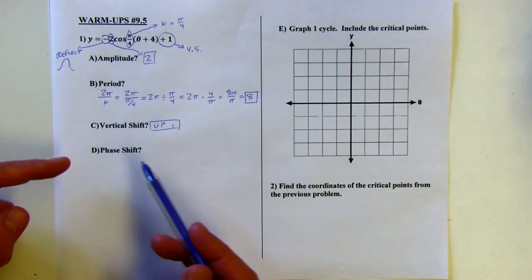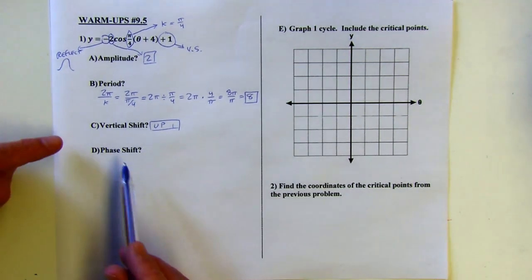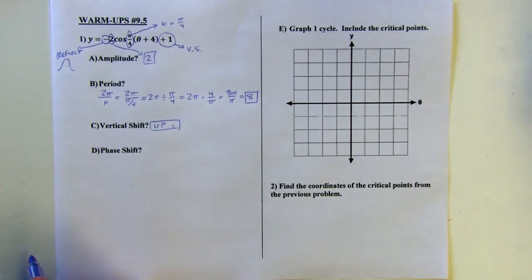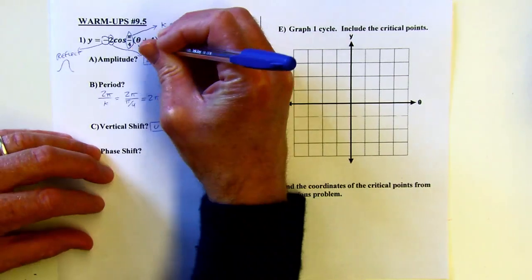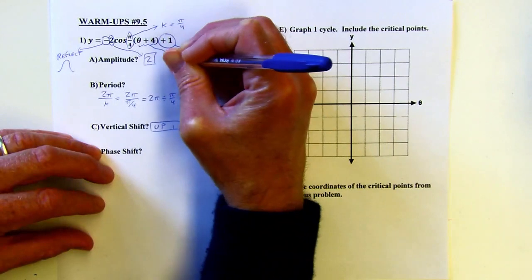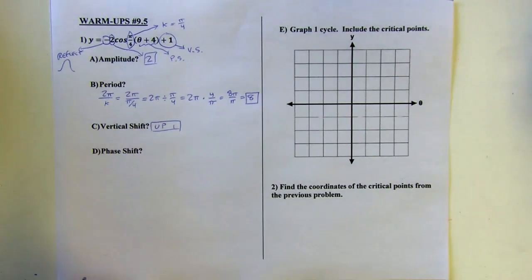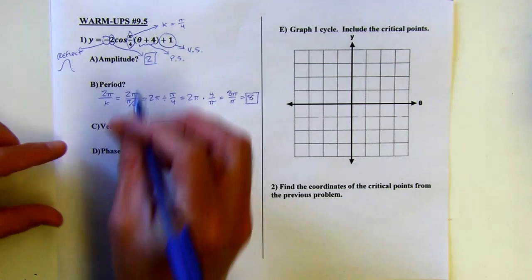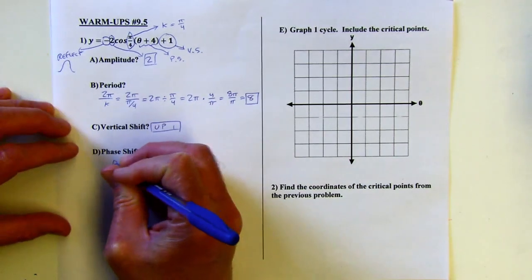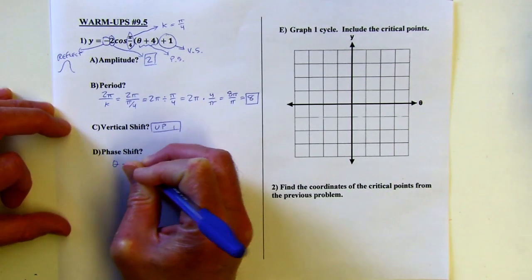I'm not sure why it's not just called horizontal shift, but we call it phase shift for trig functions. And that's going to come from this part, okay? So my phase shift is going to come from whatever's inside the parentheses there. So what I'm going to do is take the contents of the parentheses and set it equal to 0.